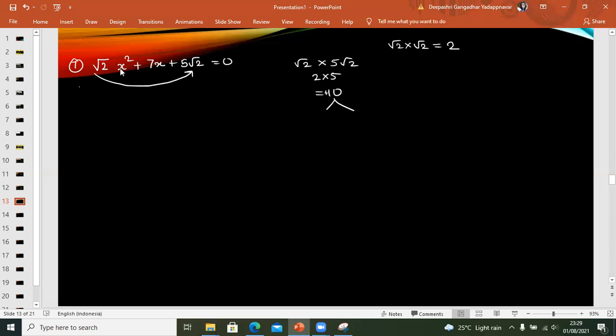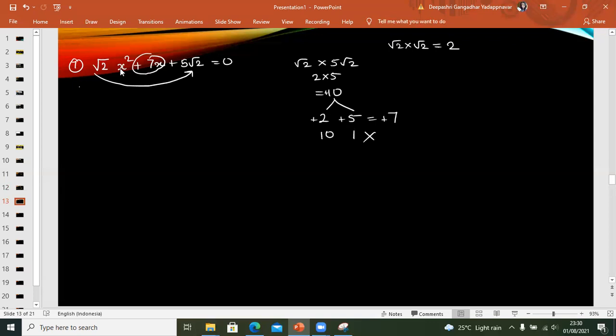This is positive, this is also positive, so this is positive 10. And let's check the options now. 2 times 5 is 10 and 10 times 1 is 10. We need answer positive 7. So if you do 10 plus 1, you will not get 7. Neither 10 minus 1, you will not get 7. So this option will not work. 2 plus 5, you will get 7. That is positive 7. So positive sign should be there in front of 2 and 5 both.